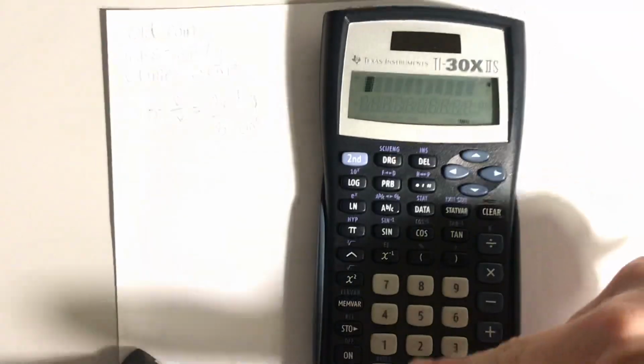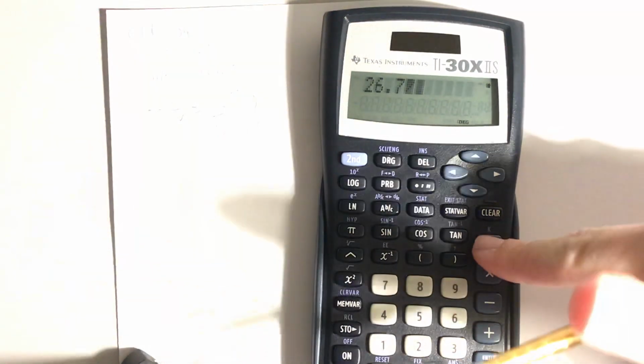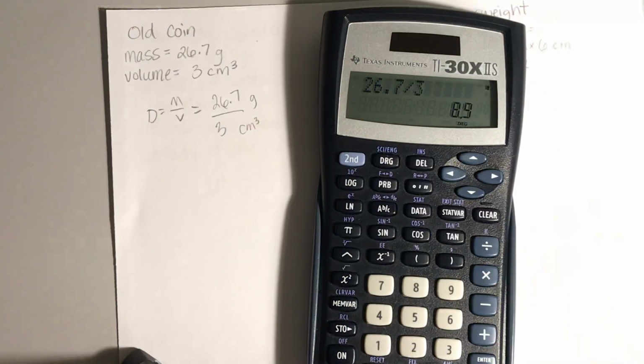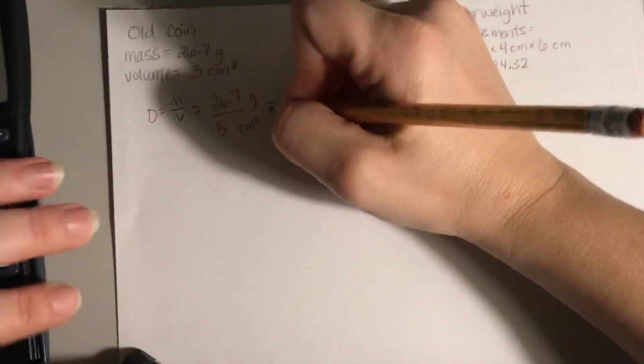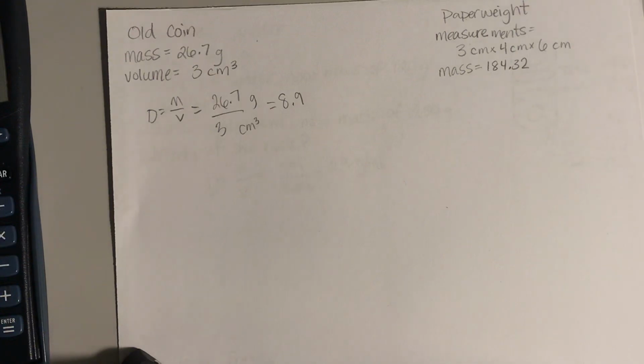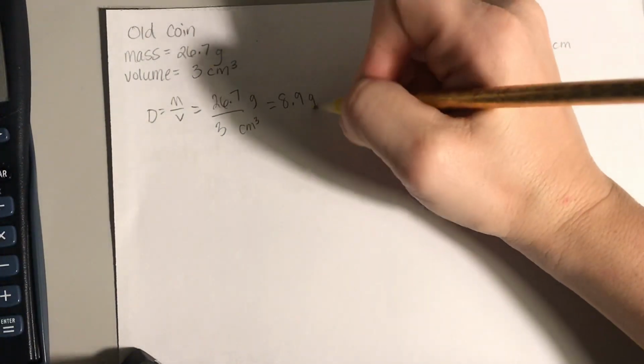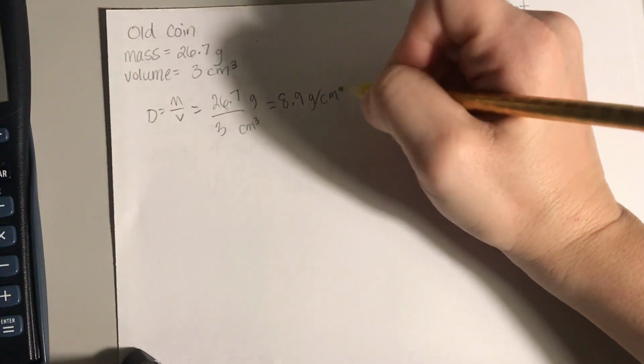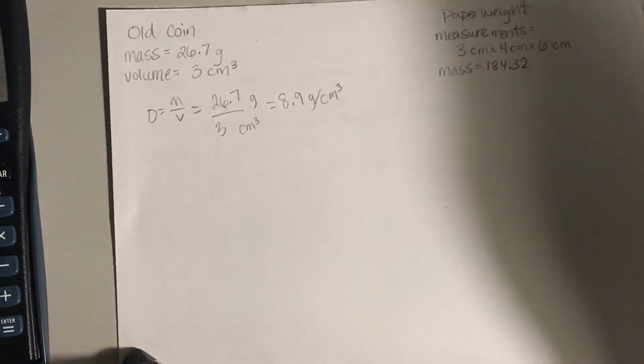All right, so we're going to take our calculator, 26.7 divided by 3. That gives us 8.9. So looking at that chart, which one of those is closer to 8.9? Well, there's only one that's really even close to that.